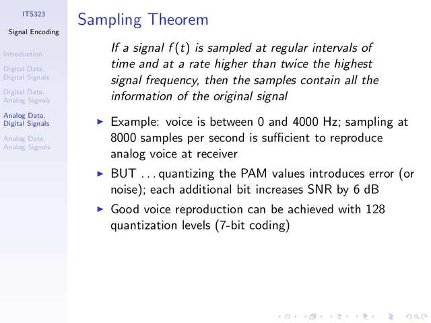Let's say our sample interval was 1 millisecond in this example. If we take a sample every 1 millisecond, the sampling rate is 1,000 samples per second. Convert it into the digital value, the binary value.